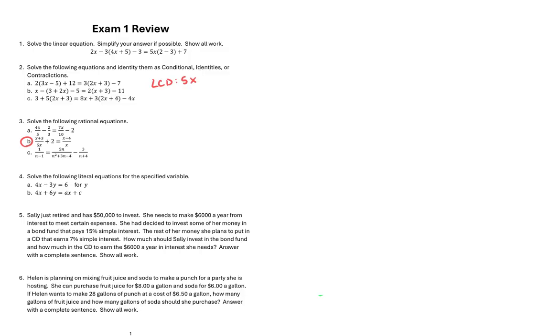So now I can multiply through by my least common denominator, or I could choose to have everything match. I think I'm going to go ahead and multiply through by my least common denominator on every single term.